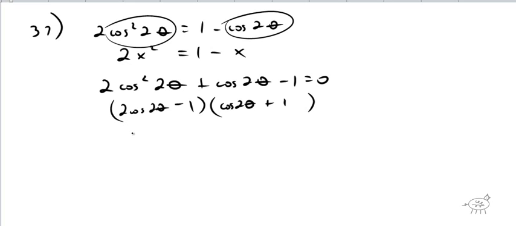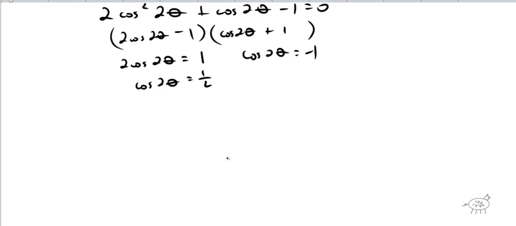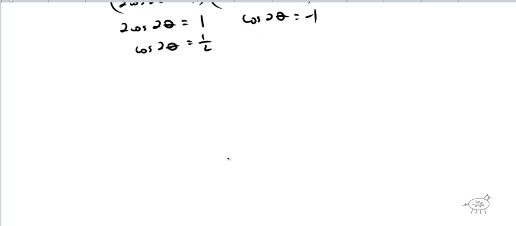So I get 2 cosine of 2 theta equals 1, and cosine of 2 theta equals -1. Then I divide by 2, so I get cosine of 2 theta equals 1/2. So for 2 theta, cosine of what is 1/2?